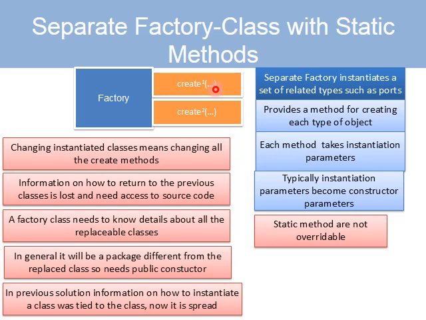Okay, let's get this right. I imply here this is a static method, even though I don't write it down, by this comment here. So you're saying we're not going to have a static method, we're going to have an instance method? No, what I'm saying is the create method in the factory would then call a create method in whatever class you're instantiating. Ah, so the factory goes and calls that class's create method.